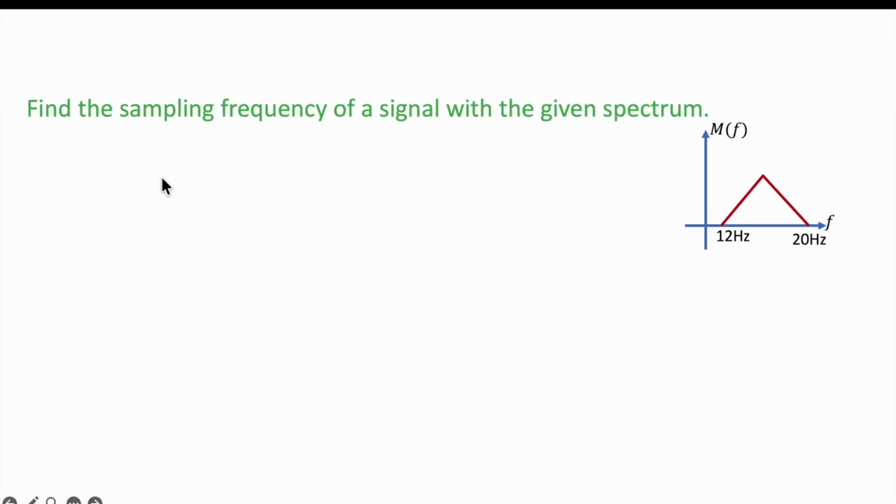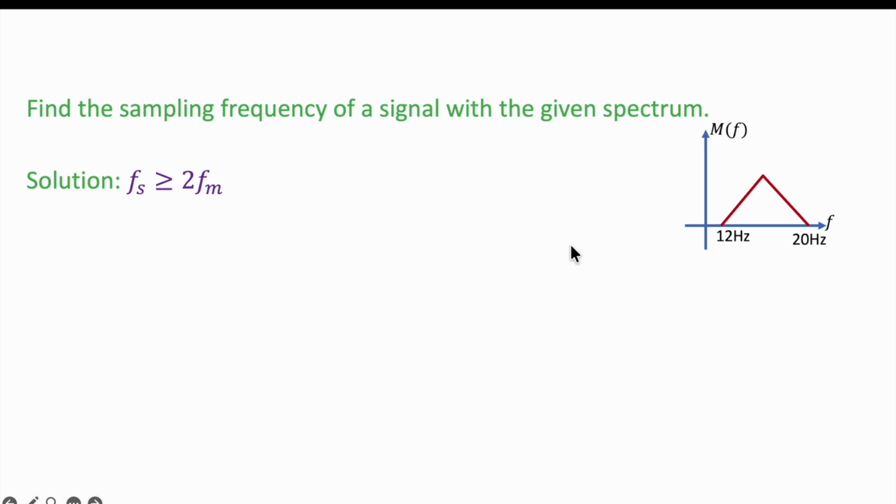There is another example: you are given a spectrum of a signal where the lowest frequency is 12 hertz and the highest frequency is 20 hertz, and you are asked to calculate the sampling frequency of the signal. To calculate it, we can use the Nyquist theorem, where f_s should be greater than or equal to 2 times f_m.